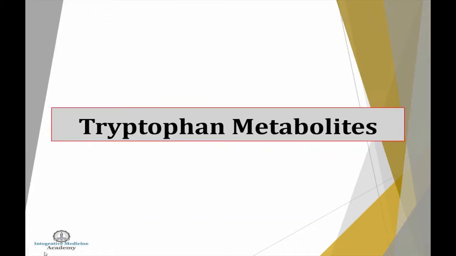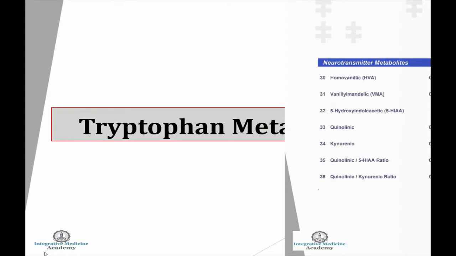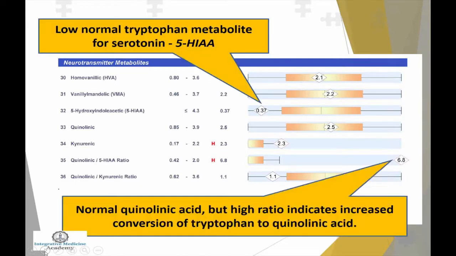Under the tryptophan metabolites, it's not uncommon to see low normal levels of the 5-hydroxyindoleacetic acid linked to serotonin and an elevation of the quinolinic to 5-hydroxyindoleacetic acid ratio. Okay, that's a very, very common scenario.